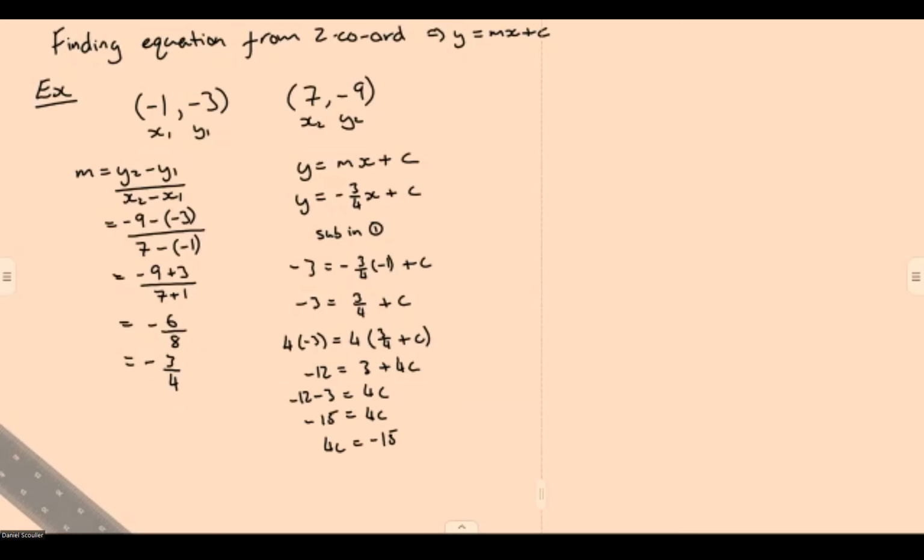Because I multiplied it by 4 at this stage, I'm substituting in 4c. I'm going to write it as 4y equals, what was my fraction, -3x minus 15. Okay, and that's the equation.